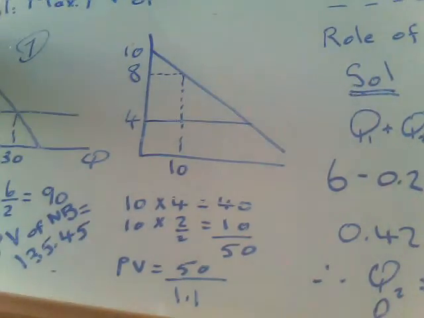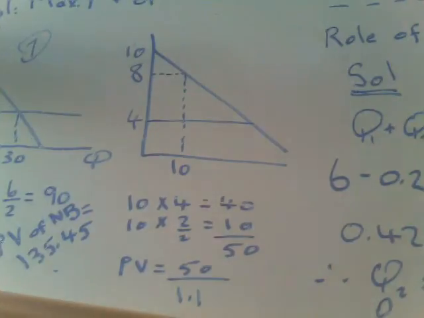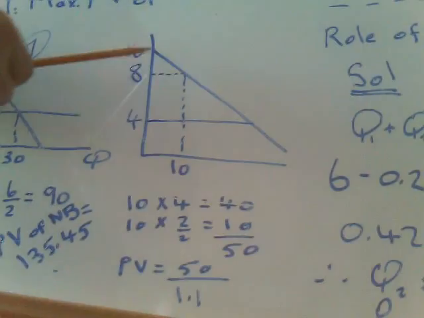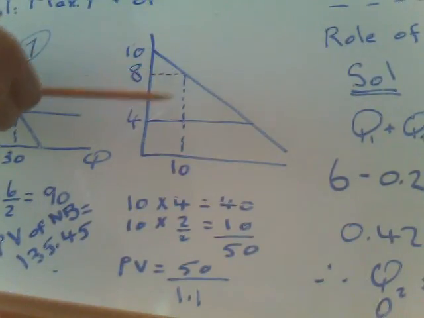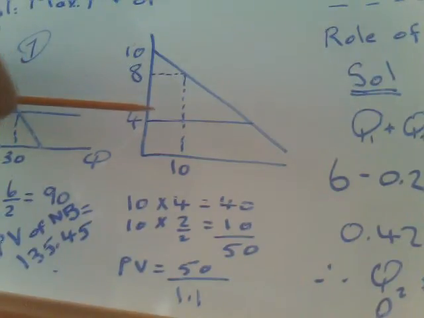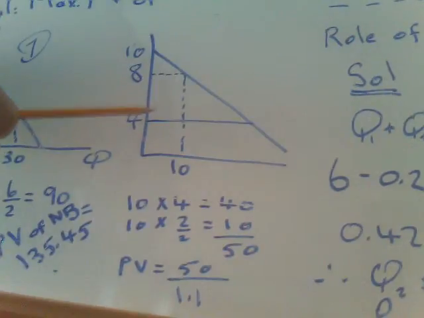So what is the area of my net benefit in this case? The area of my net benefit is going to be the sum of these two areas, right? It's going to be the sum of this triangle plus the sum of this. What are these two areas? Well, this one is very easy, very straightforward.